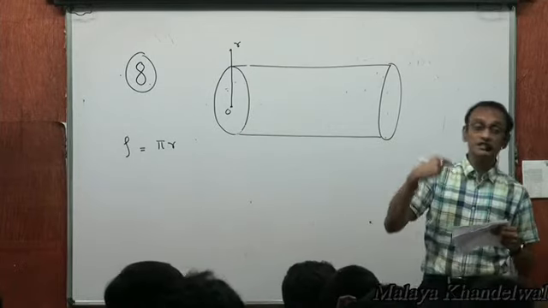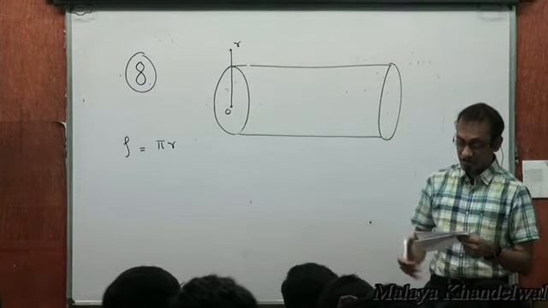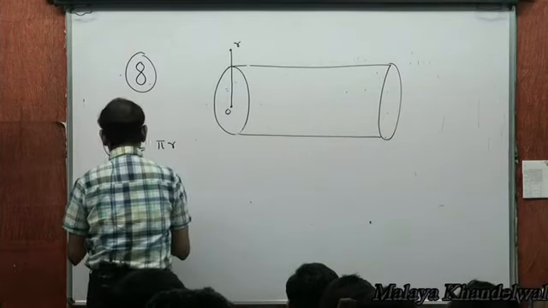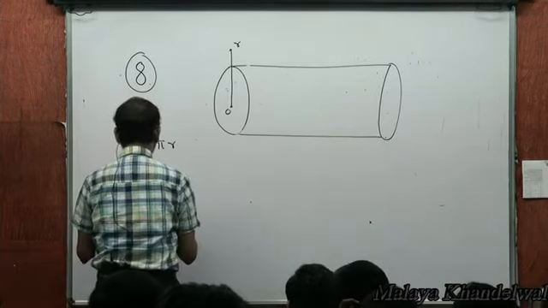At a distance R, a section will have resistivity pi R. We want to find the resistance in ohms of the conductor.